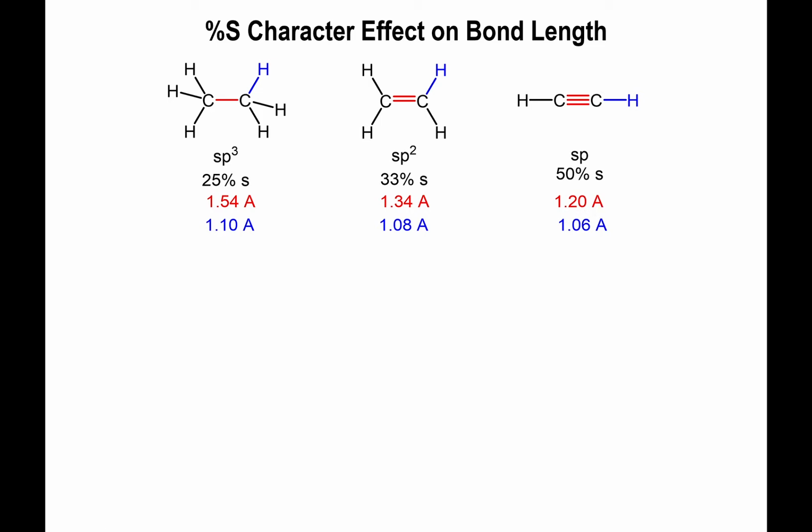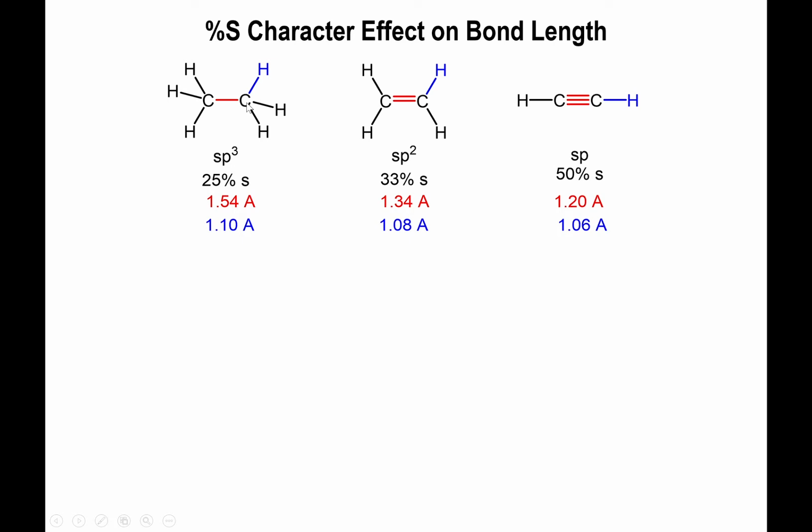So there is a decrease in the bond length as a result of the fact that your orbital is greater in s content. Your s orbital is 50% in content for sp hybridized orbitals, so they get to see a lot more of the nuclear charge, and as a result of that, their atomic size decreases, or in this case, the bond length decreases.